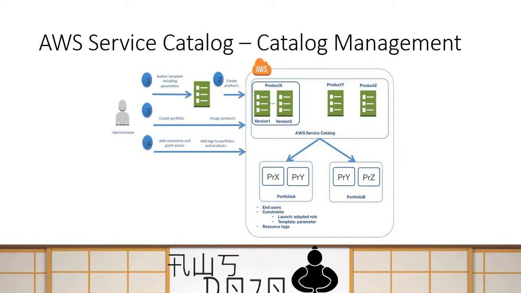So you define various products like that using CloudFormation templates, and then these products are categorized into various portfolios. And it is the portfolio where you provide access rights to end users.